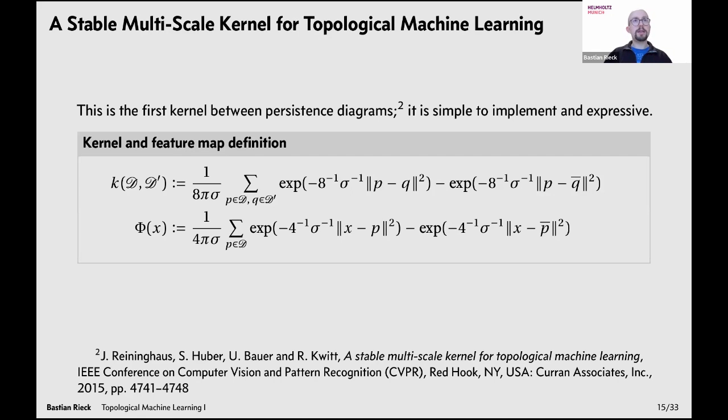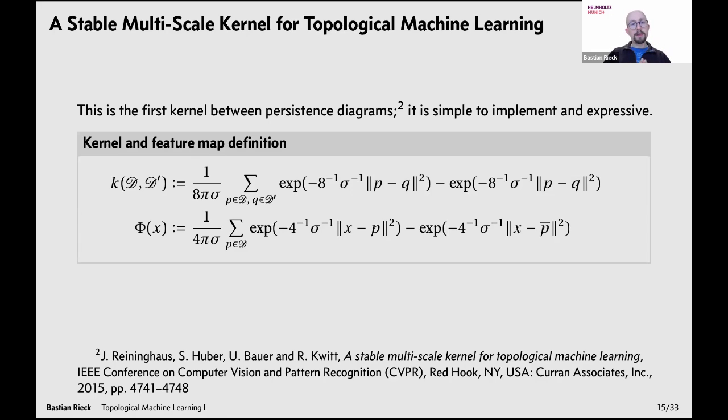You can even write down a closed form feature map expression, which looks not very dissimilar to the kernel itself. So that's of course not a coincidence here, and it's essentially also just an exponentially weighted sum of these distances.